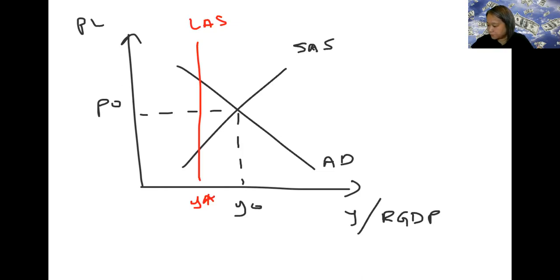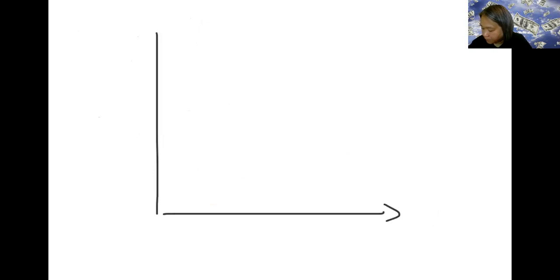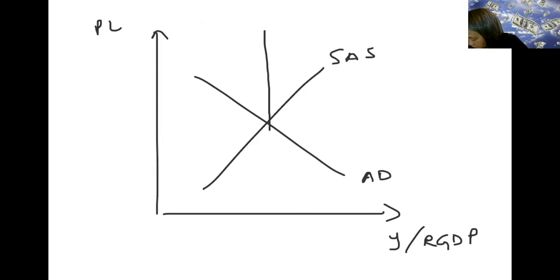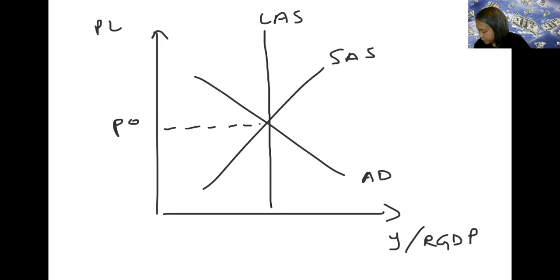Now, of course, the best scenario in economics is where we are producing at full potential. So the ideal situation is where our long run supply curve and our short run equilibrium all meet.